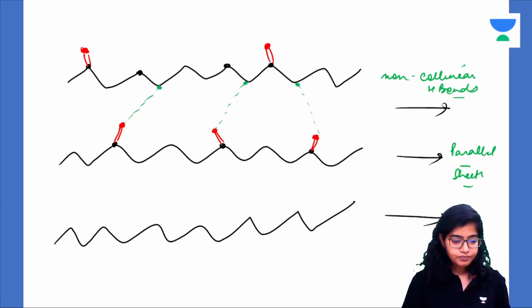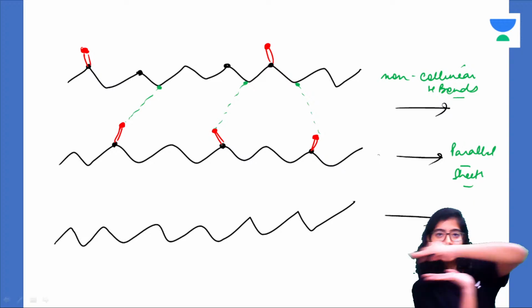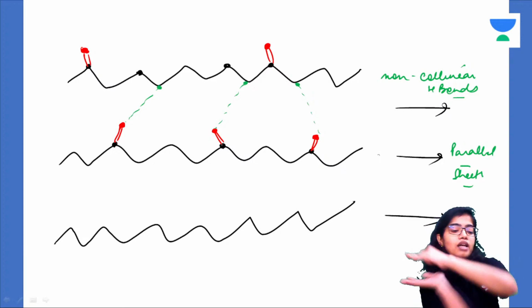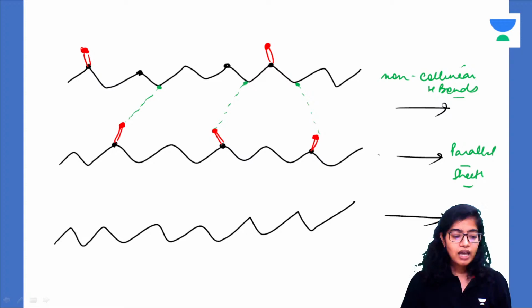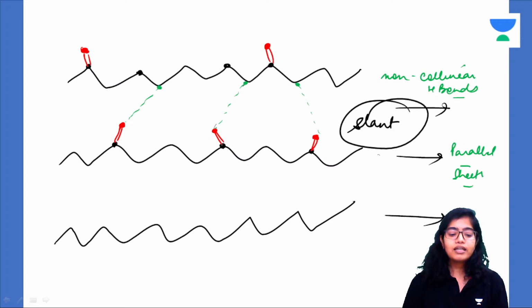Now look at these parallel sheets, all running in the same direction. Can you see the hydrogen bonds? They are slanted, and they slant alternately, one in this direction, one in this direction.